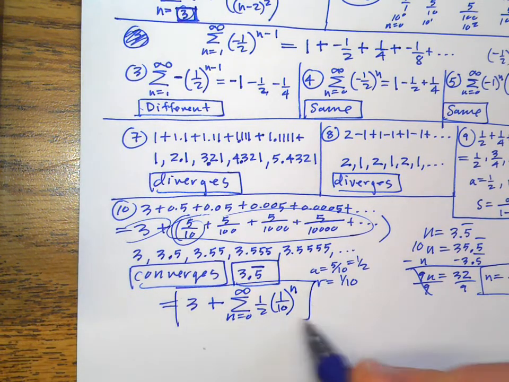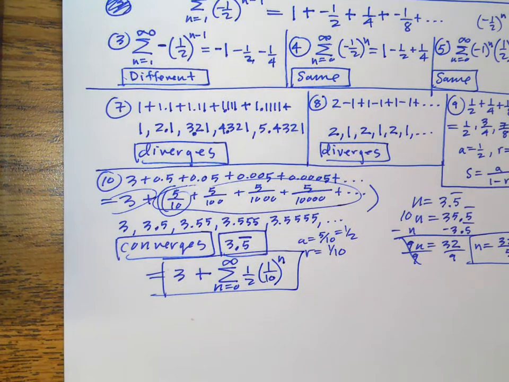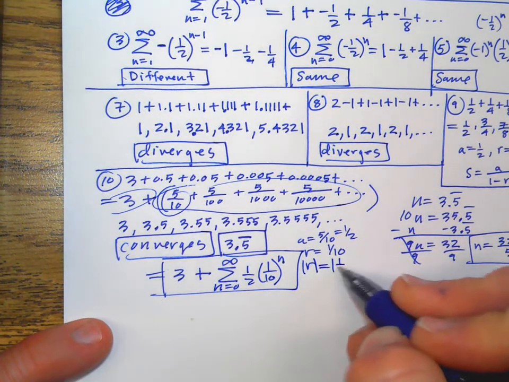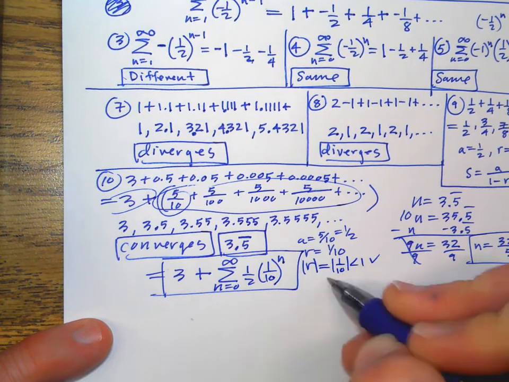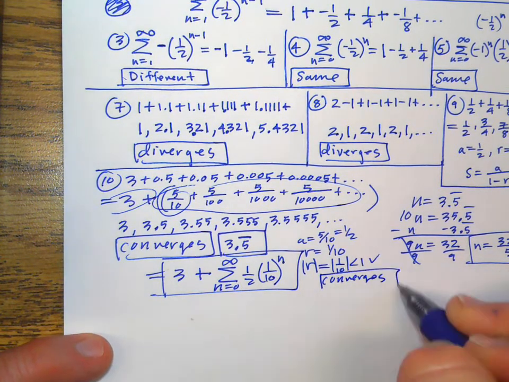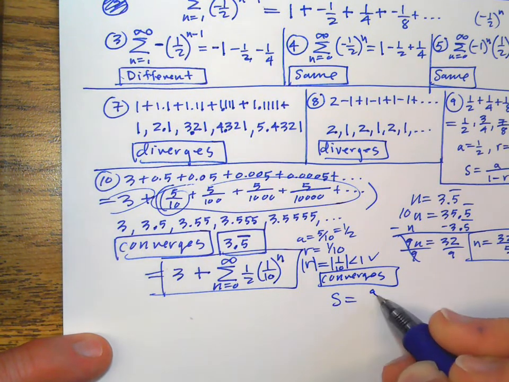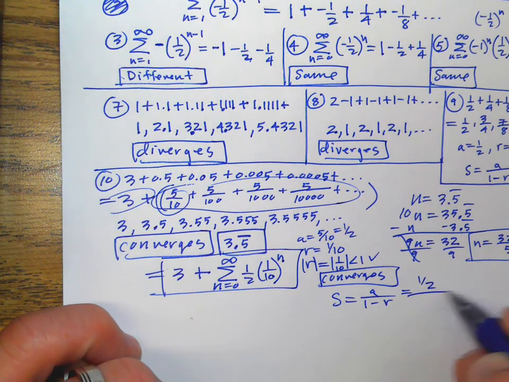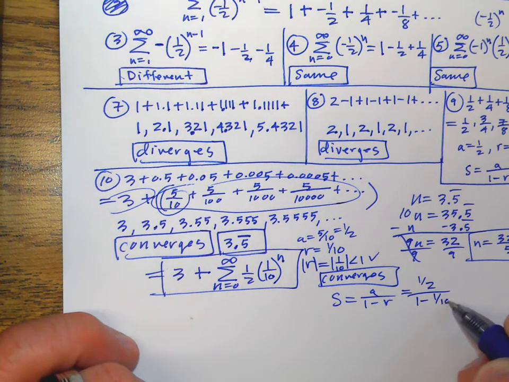That would be the closed form of it. The absolute value of r is less than 1, so it converges, right? And then we could use that formula: the sum equals a over 1 minus r. a is 1/2, r is 1/10.